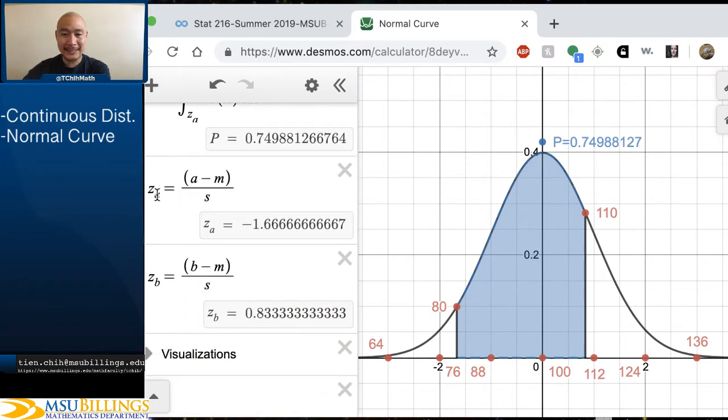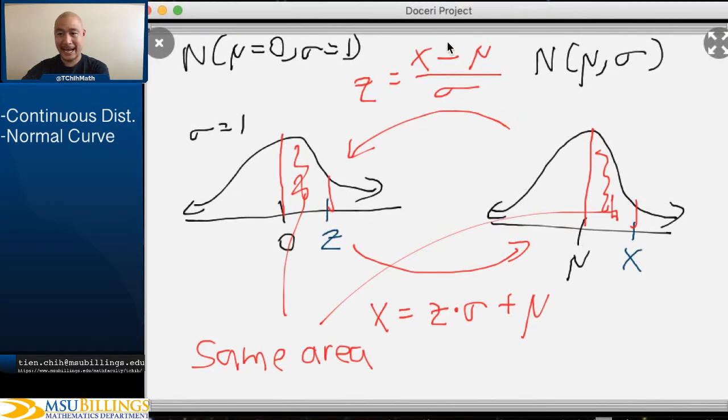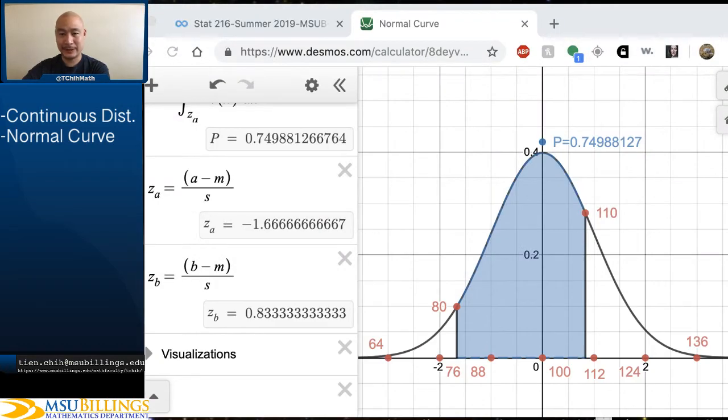And now we see that ZA and ZB are minus 1 2/3 and minus 5/6, basically. And that's just taking the 80 and 110, subtracting 100 from each, dividing by 12, and we get these values here.